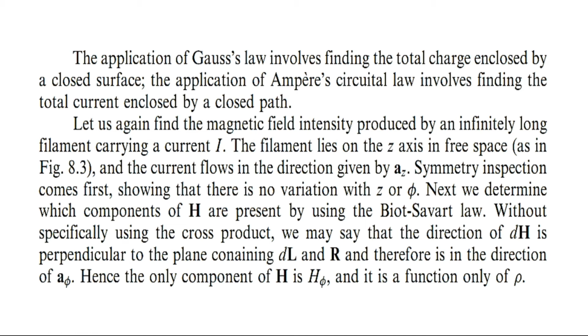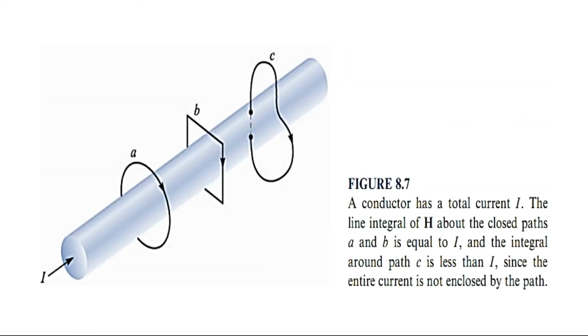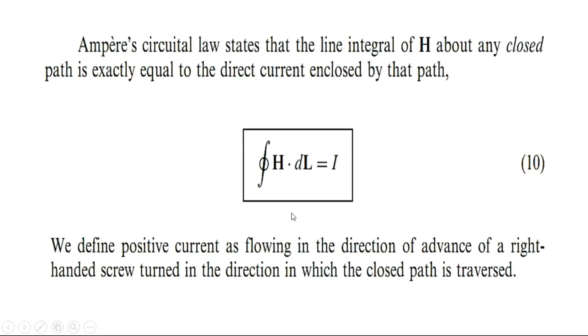So if only the phi component of H is present, and we look at the mathematical expression of Ampere's circuital law, H will be equal to H_phi, and as we are taking the dot product, dl will be equal to rho d phi. Because we are taking the dot product, dl has three coordinates: rho coordinate, phi coordinate and z coordinate.